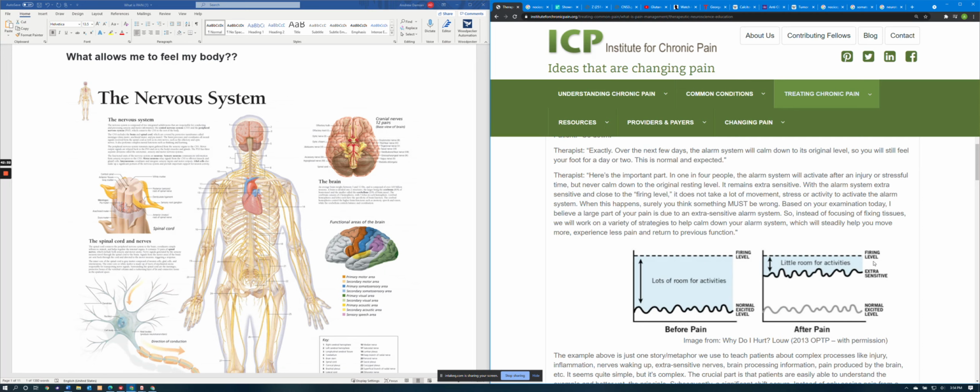And so if nerves are more likely to turn on that are pain networks, then you're more likely to have pain regardless of whether you have actual damage to your body or not.